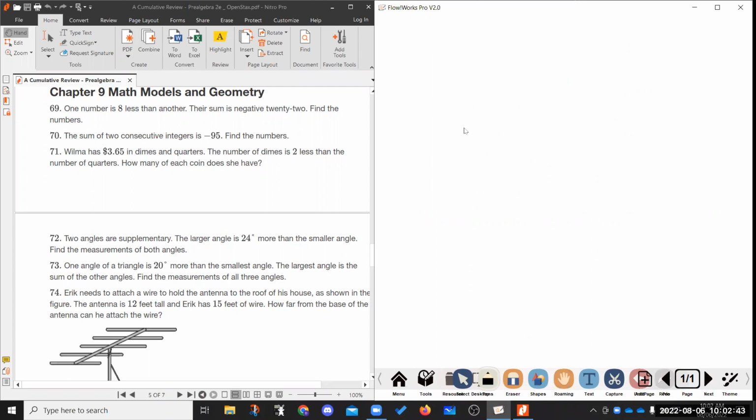Wilma has $3.65 in dimes and quarters. So let's see, dimes and quarters.